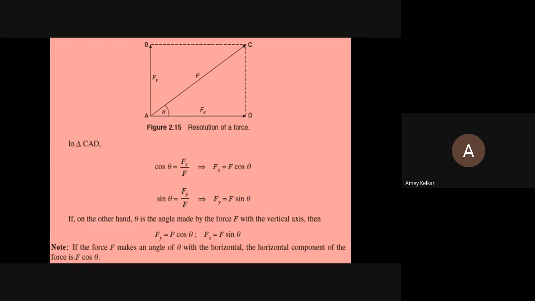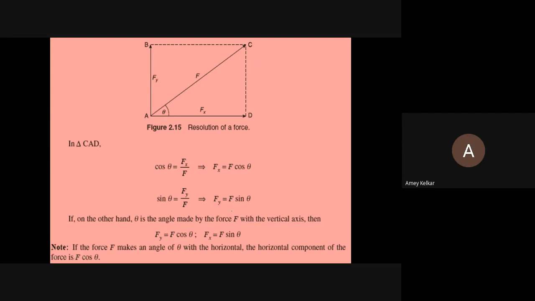So that was composition. Now, what will be the value of Fx and what will be the value of Fy? We find using this particular figure. In this figure, firstly we have taken a force F, which is making an angle theta with the horizontal. We have split this force into 2 components, Fx and Fy. Fx is the horizontal component and Fy is the vertical component. Then we have named the rectangle ABCD.